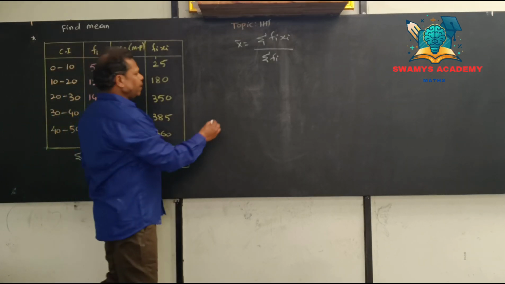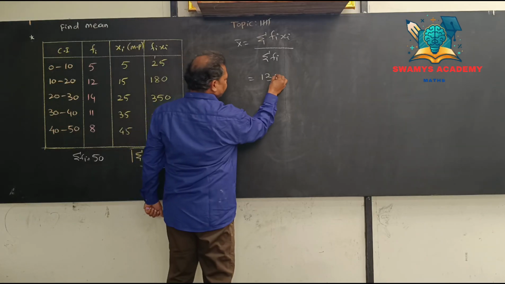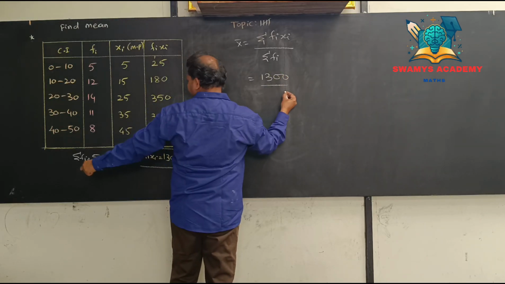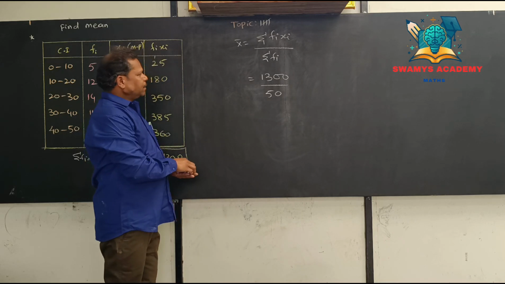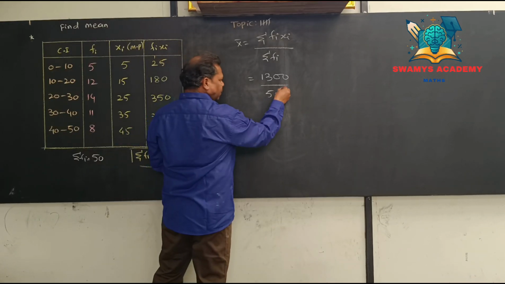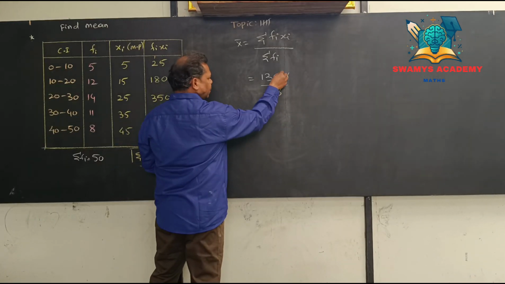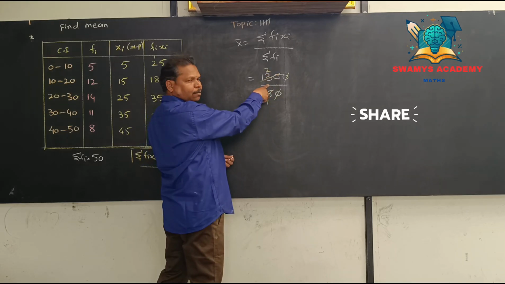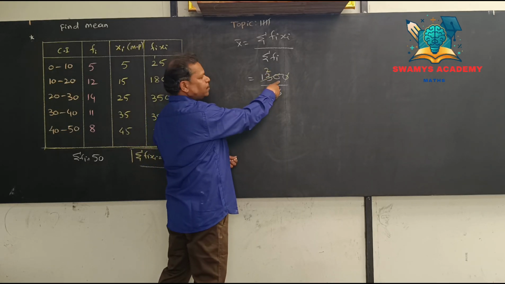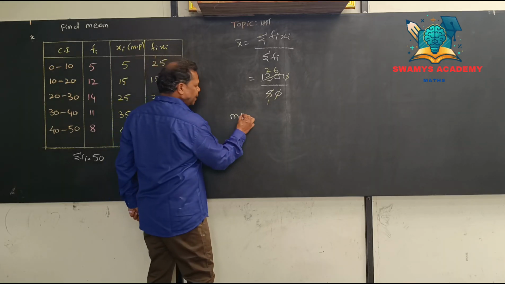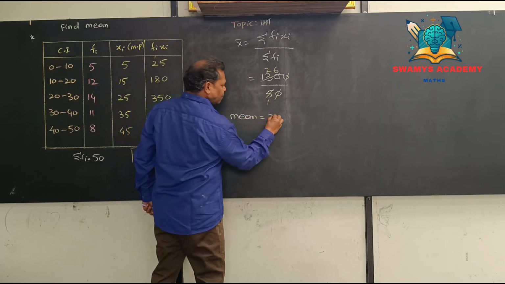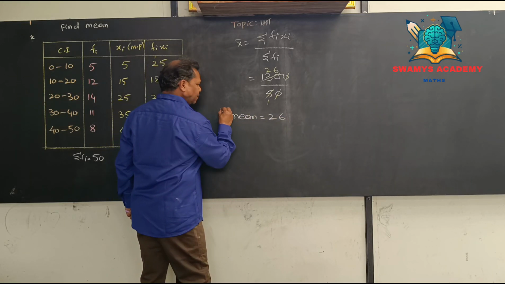Sigma fi xi value is 1300, divided by sigma fi value, which is 50. After that cancel: 0, 0 cancelled. 5 ones are 5, 5 twos are 10. Remaining will be 3 and 0, 30. 5 sixes are 30. Mean is 26.